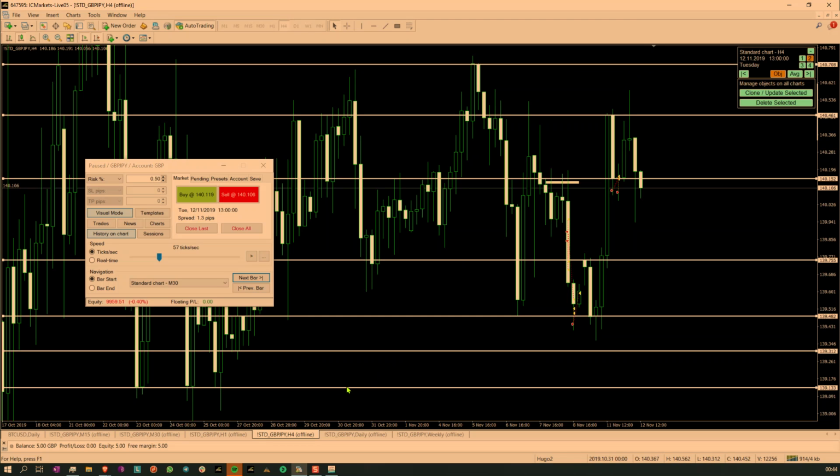Yeah, for now we clone everything to the others. Okay, so this is the 4 hours. We are breaking bullish. We are breaking bearish.